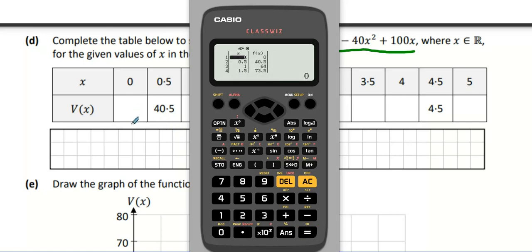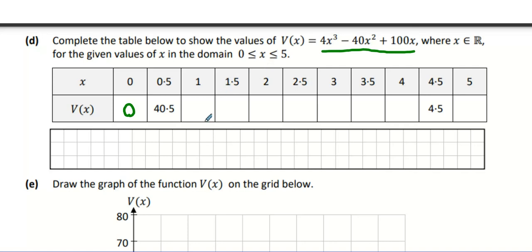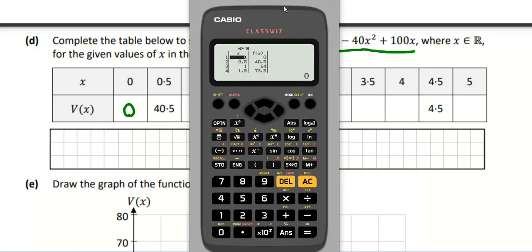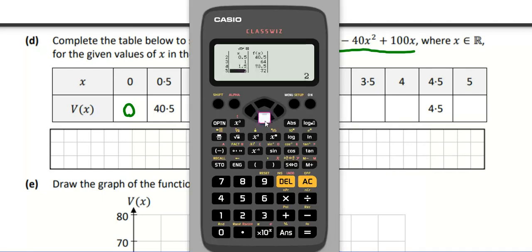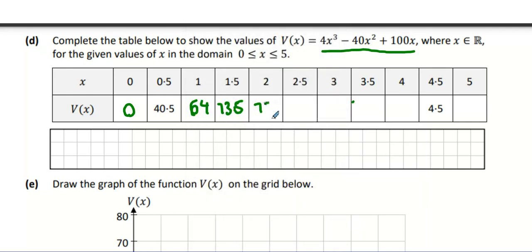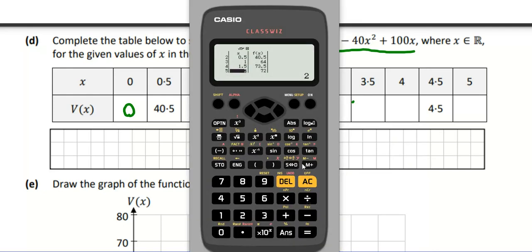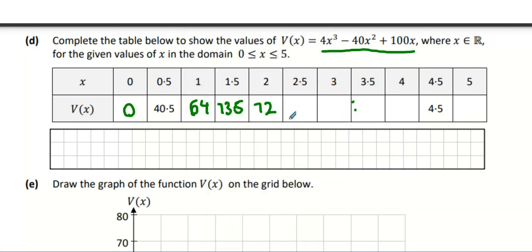All right, so we got 0, we got 64, we got 73.5, we got 72. We got 2.5, which is 62.5.